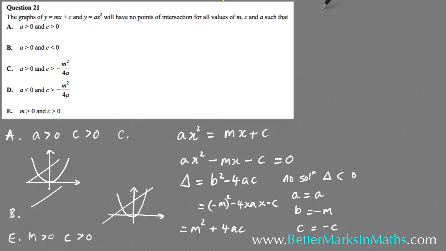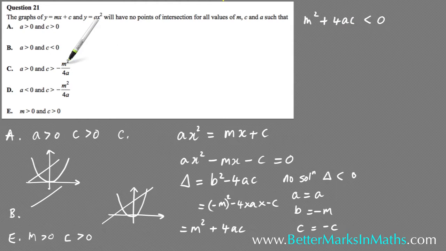And so what you need to do next is go m squared plus 4ac is less than 0, because that's what you need to happen for no solutions, and then rearrange this until it looks like one of these.